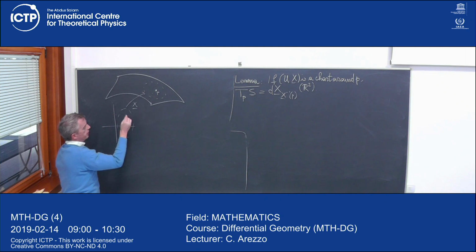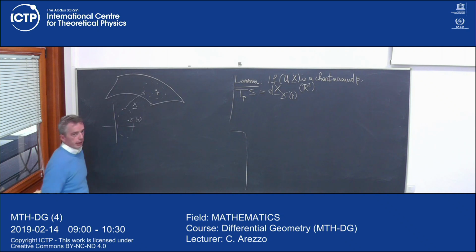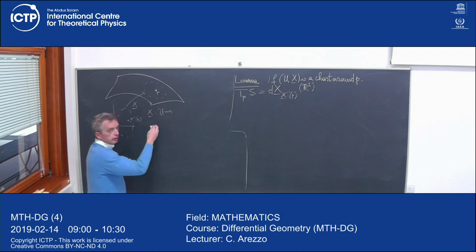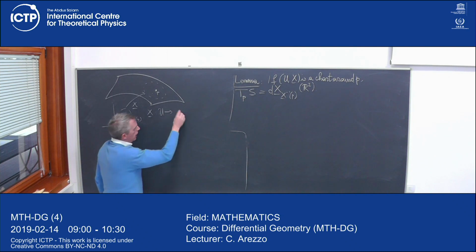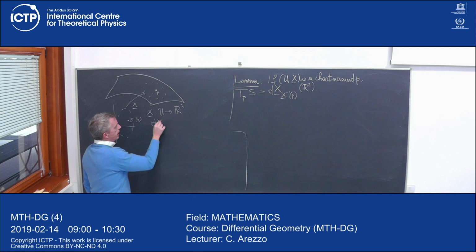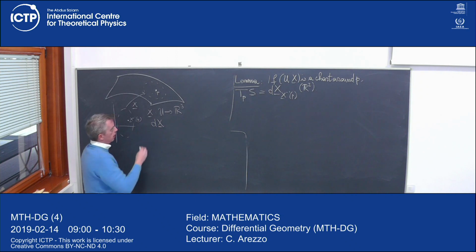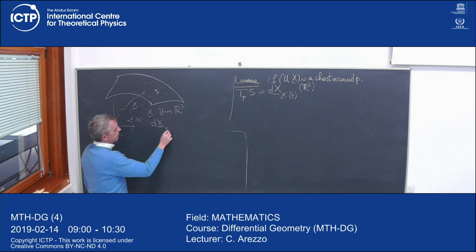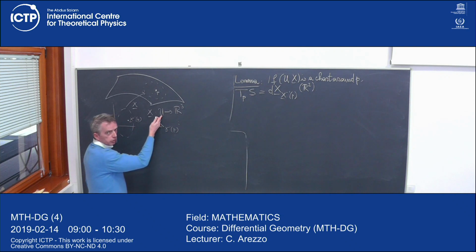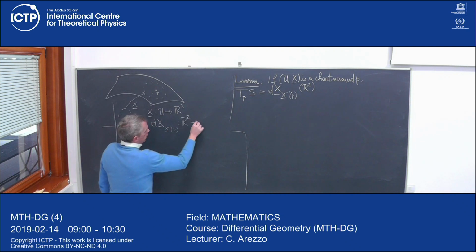This will come from some point here, X inverse of P. Now, the map X, remember, goes from U to S, and S is a subset of R3. So where does dX, the differential of this map at this special point, go from and to? R2 to R3. This is a domain of R2, so this goes from R2 to R3.